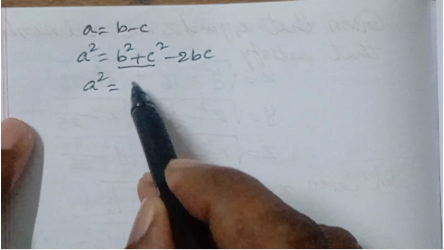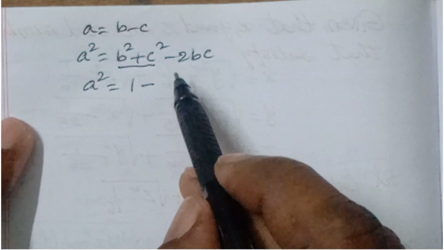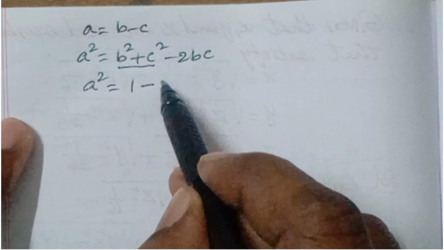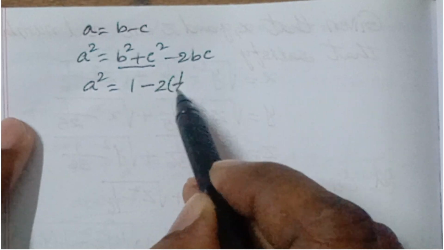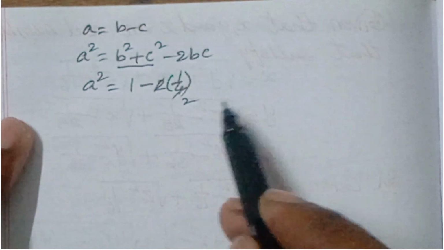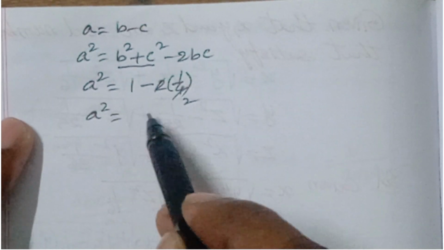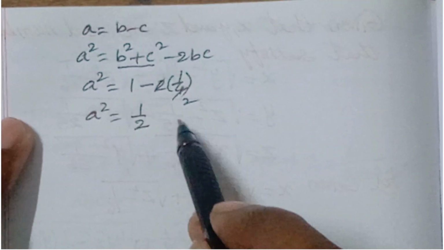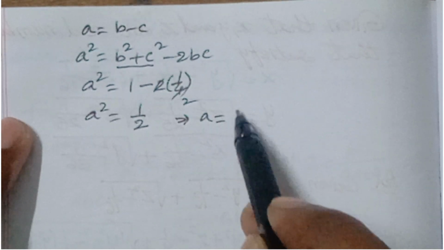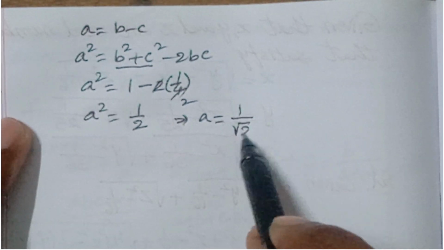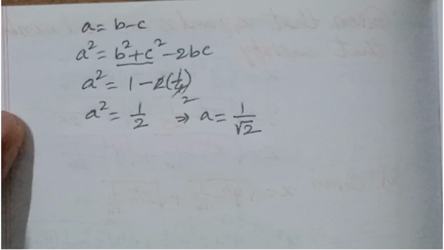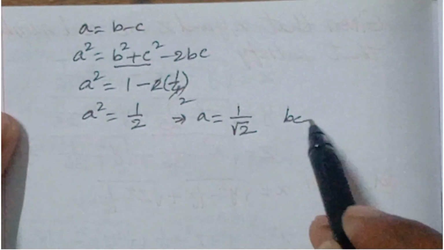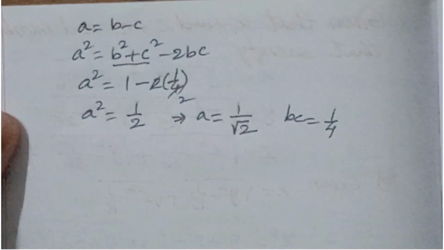This value you already know is 1. a square is equal to 1 minus 2 into bc, where bc value we got is 1 by 4, so 2 into 1 by 4. So a square is equal to 1 by 2 you are getting. So a value is 1 by root 2. And bc value is 1 by 4.